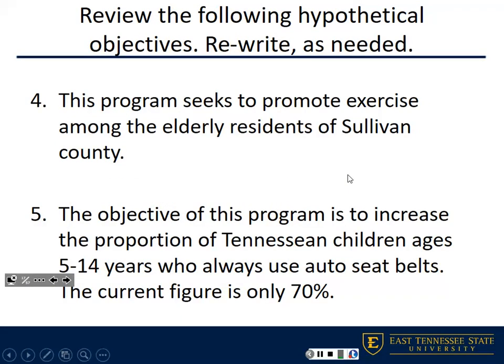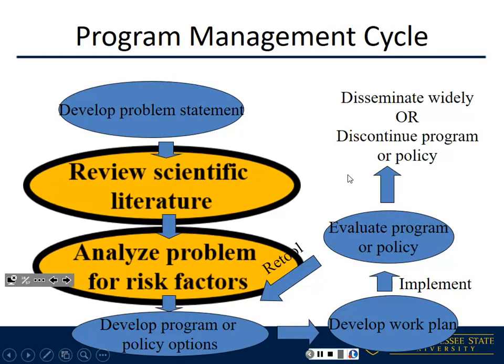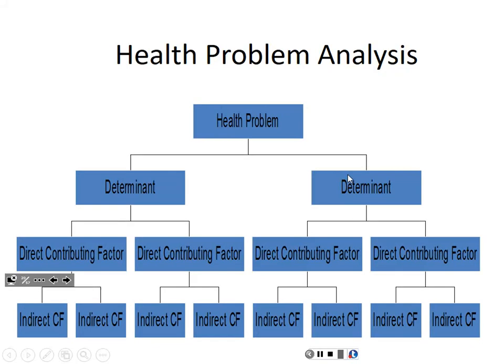We discussed SMART objectives, and we worked together on an exercise to improve on several examples of objectives to make them SMART objectives. We then did a couple of examples where we started with the health problem and analyzed the problem for its determinants and contributing factors.